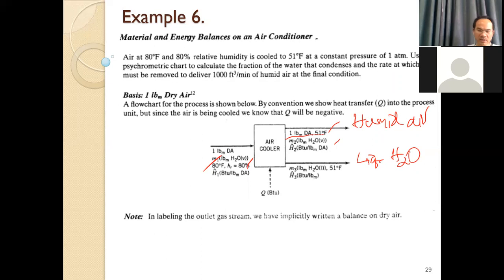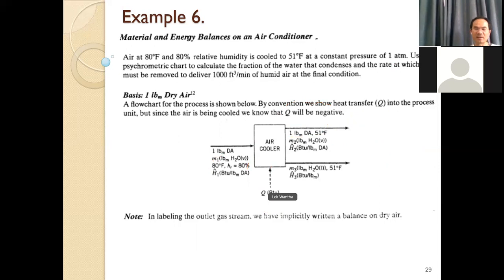And also we have some heat. We represent it as inlet heat because for the energy balance, we balance based on inlet heat. But for this real system, the heat should be outlet, that is, removed from the cooler. After you solve, you can get the negative sign of the heat, because it is the opposite.